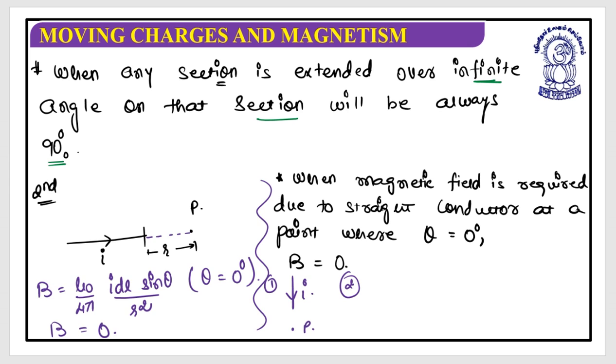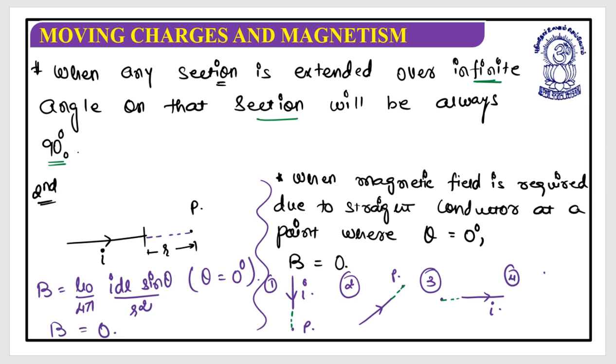It could even be represented like this: this is a current carrying conductor and at this point you require a magnetic field. Let's say this is a current carrying conductor and at this point the magnetic field is required. So what you need to do is just extend those lines. If they are going to meet, that means the magnetic field will be 0. Look at this. Yes, if it has been extended on the backward side.